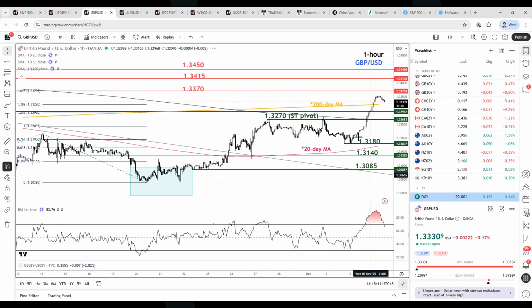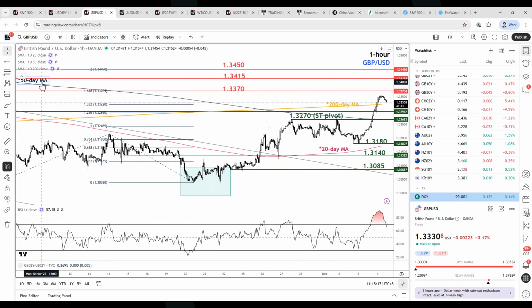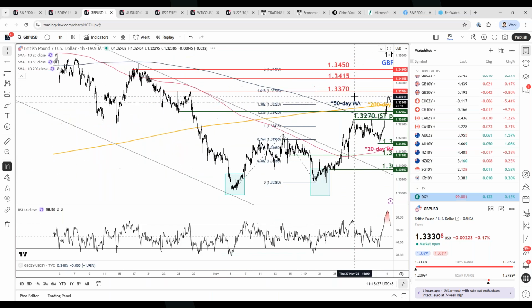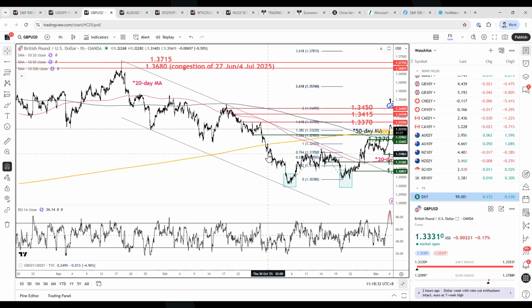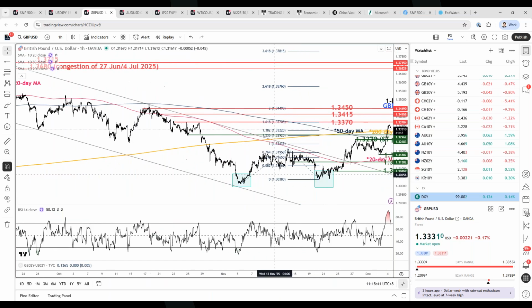Up next will be the sterling dollar over here. So the sterling dollar also burst up yesterday and finally broke up above the 200-day moving average and the 50-day moving average, indicating a rather strong milestone from a technical analysis standpoint. Why? Because it managed to shake out the previous multi-week negative decline that had taken shape since 17th of October all the way down to 6th of November, and on the 30th of October it broke down below the key 200-day moving average, indicating that all this move over here is a failed bearish breakdown below the 200-day moving average.